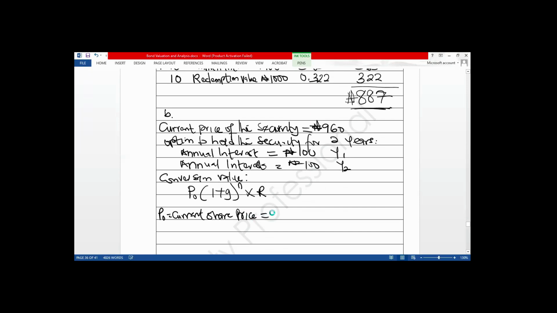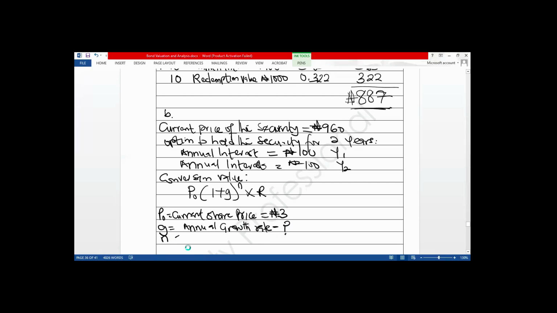The current share price in the question is 3 naira. Your G is the annual growth rate. This is what the examiner wants us to calculate.